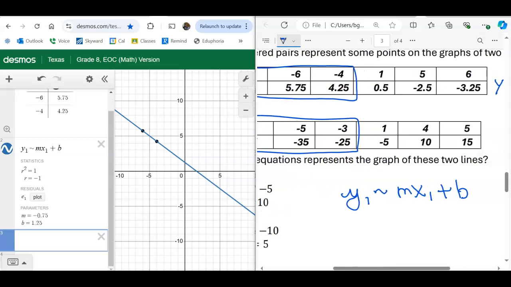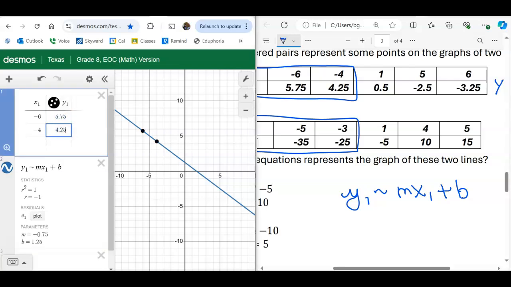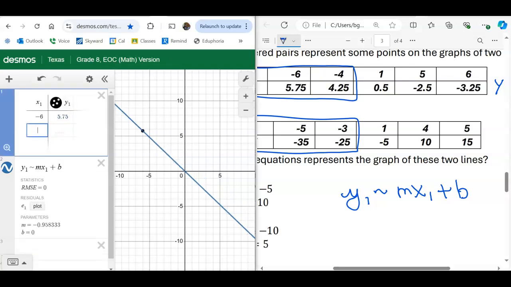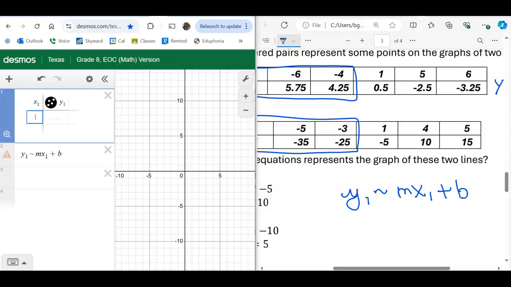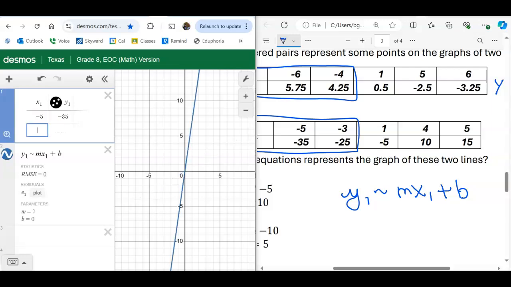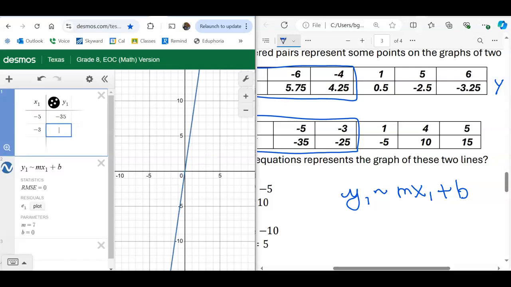All right, and the second equation. -5, -35, -3, -25.